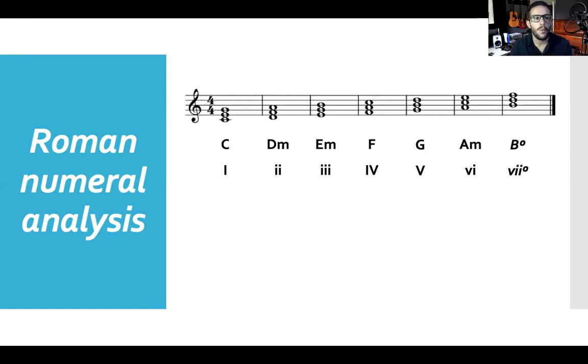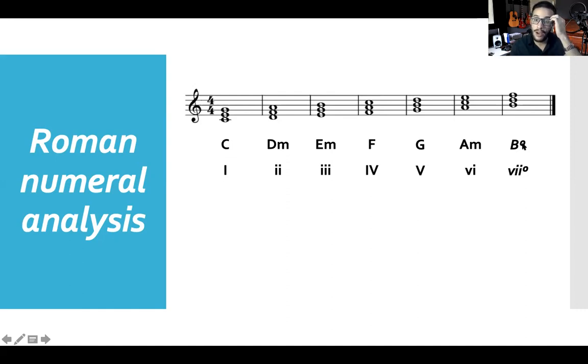You don't need to understand why they are diminished, why they are major, why they are minor. That's not for now. The only thing you need to understand is that in every major scale, the first chord, the fourth, and the fifth chord will be major. The second, the third, and the sixth will be minor, and the seventh will be diminished.